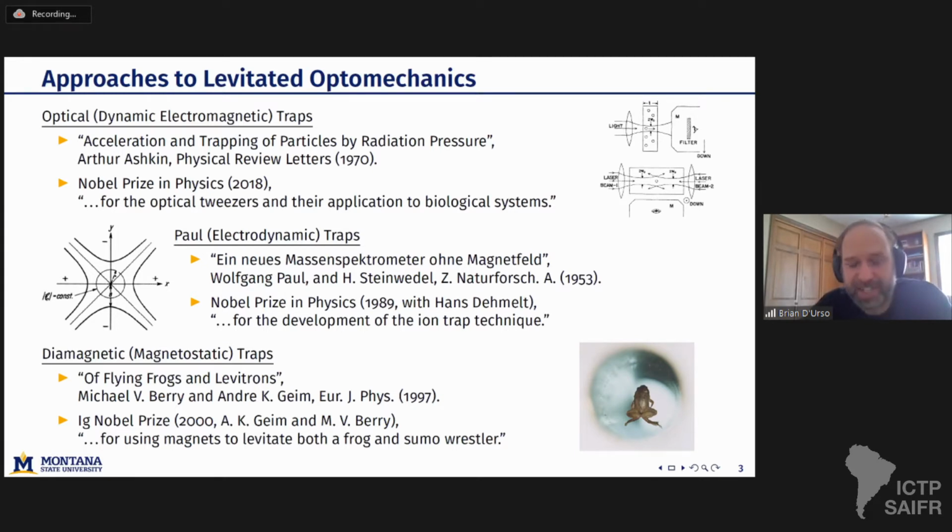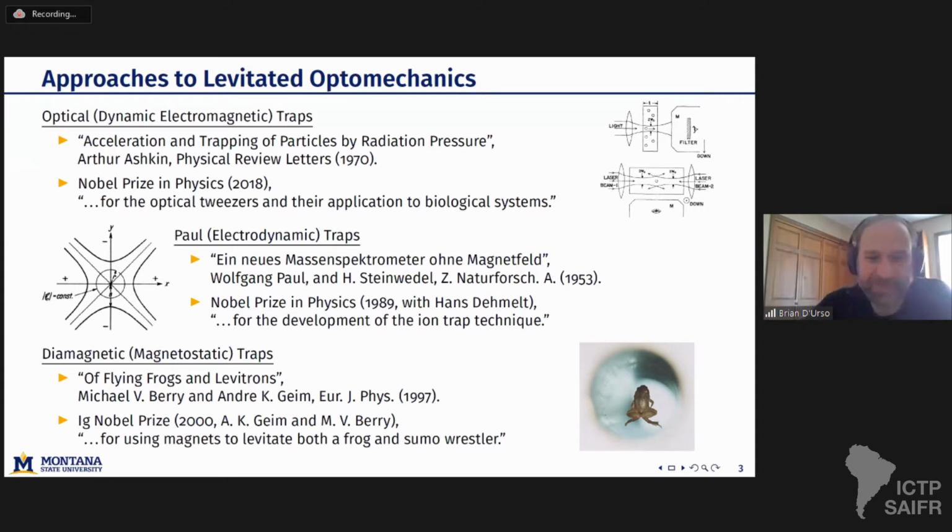And the third technique, which is the one that my group pursues, is using static magnetic fields to make traps for diamagnetic particles. This was at least popularized by Michael Berry and Andre Geim in 1997, where they levitated a frog in an 18 Tesla high field magnet.